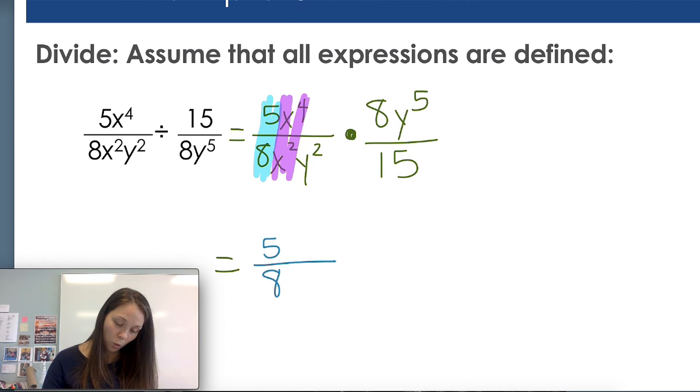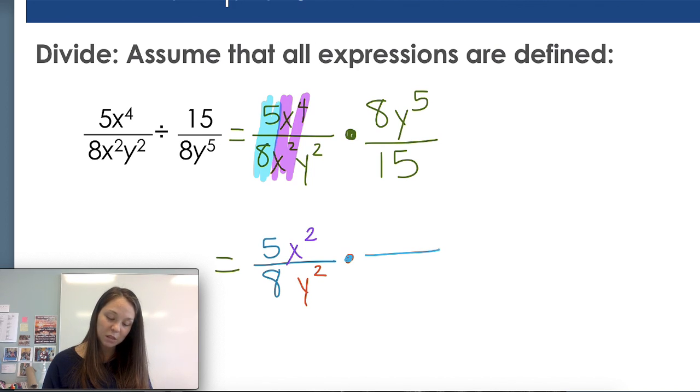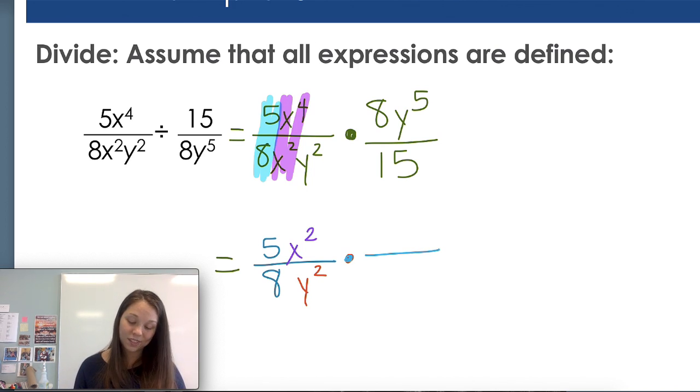Then I have x to the 4th over x squared. And that's going to simplify to x squared, where the x squared goes in the numerator. The y squared doesn't have anything to simplify from it, so it's going to stay the same. And in the second fraction, there's nothing to simplify here either. 8 and 15 don't go into one another, and y to the 5th has nothing to simplify with it as well.